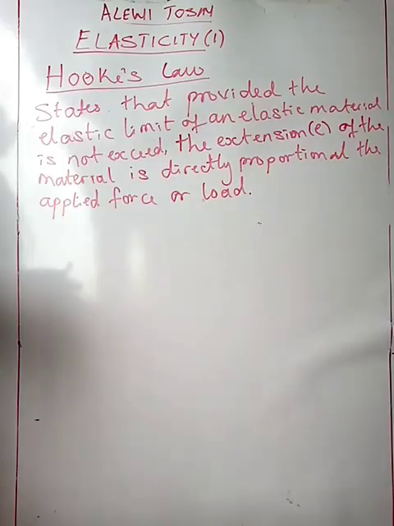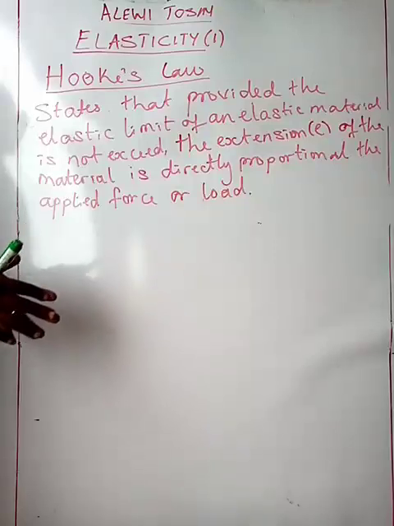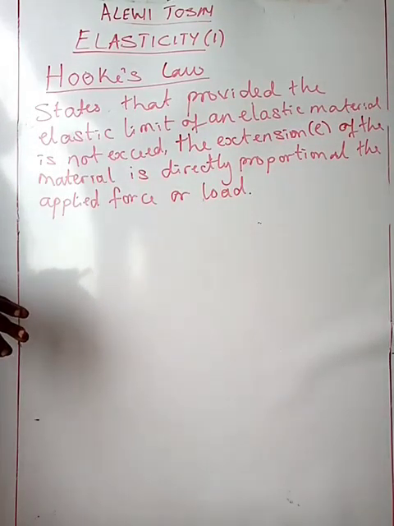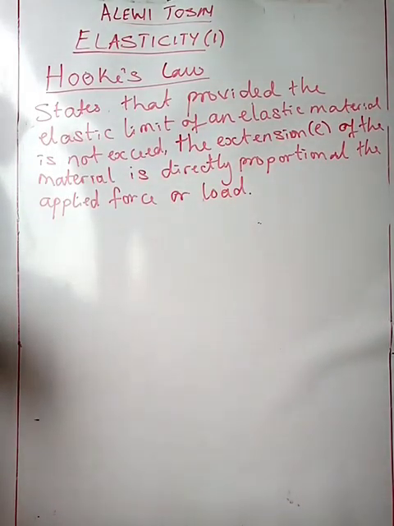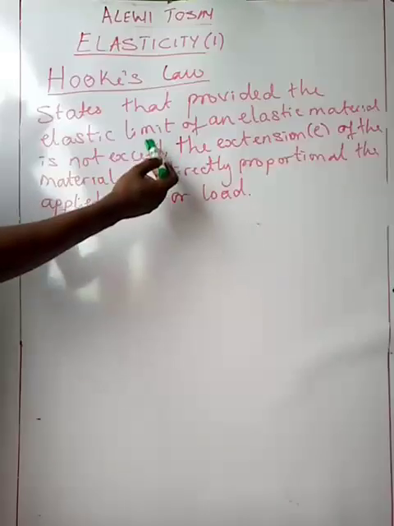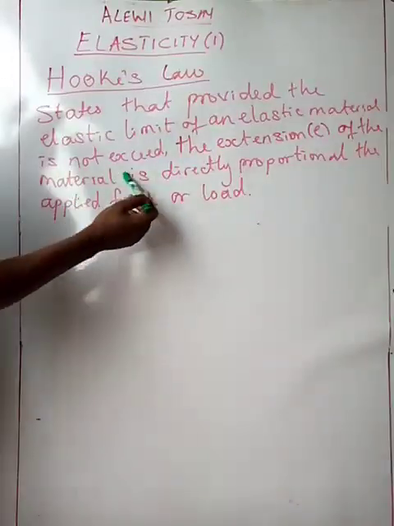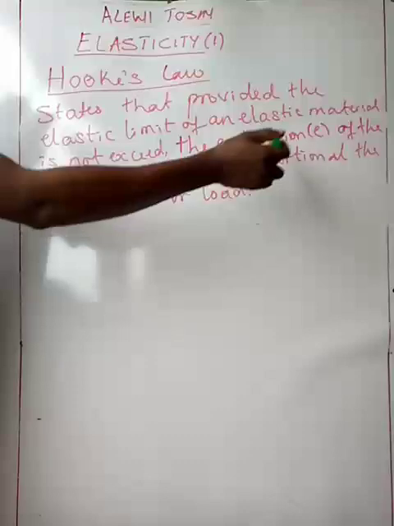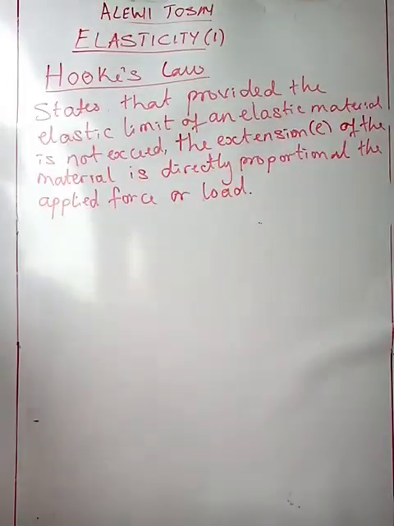Hooke's law talks about the relationship between the extension E, which is the difference between the original length and the new length, and the applied force or load. Hooke's law states that provided the elastic limit of an elastic material is not exceeded, the extension E of the elastic material is directly proportional to the applied force or load.